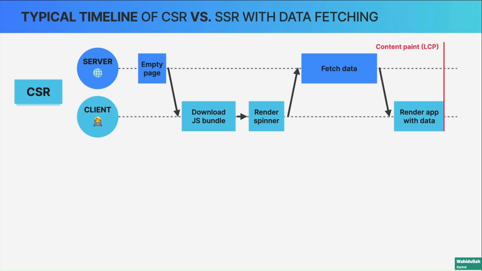So this is the time that it takes for the page to show all the relevant content to the user. There's also the first paint metric, which means that just something has been painted onto the screen, no matter what it is, but this metric is a bit less important.